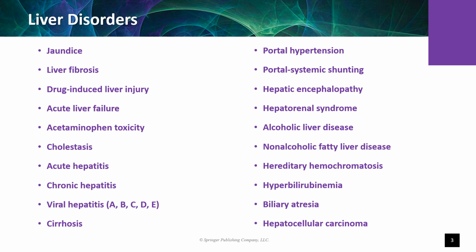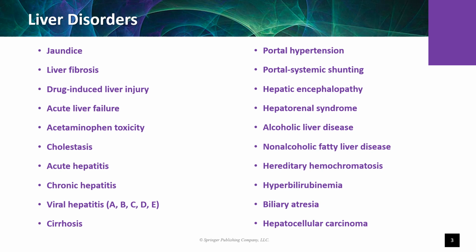The liver is the largest solid internal organ, located in the right upper quadrant. The primary cell types of the liver are hepatocytes, sinusoidal endothelial cells, Kupffer cells, stellate cells, and cholangiocytes.